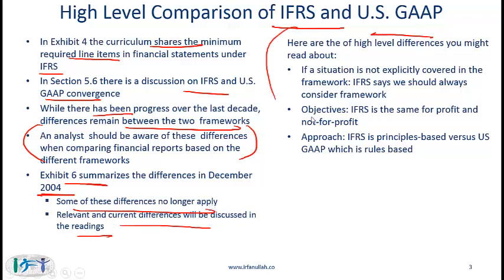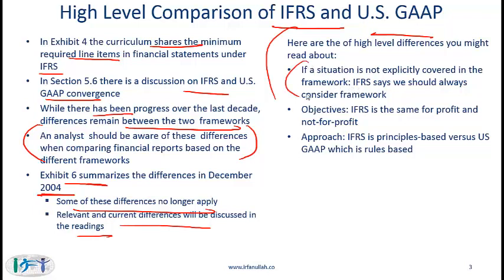Now, if you look at some laundry lists, you will see items that I think are now largely dated. So you will see something that says that if you have a situation that you need to account for, and US GAAP and IFRS both don't give clear guidance on what to do, then IFRS says that use the principle behind the IFRS framework and try to still apply IFRS, whereas US GAAP doesn't say anything.